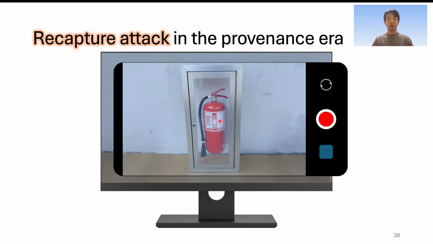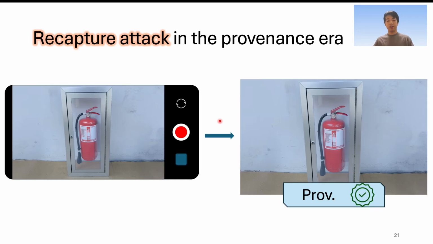Then, I took my provenance-enabled camera out, and I took a photo of my screen, without having the frame of the screen included in the photo. And now I have a photo which is showing this fire cabinet, and there is a fire extinguisher within it.